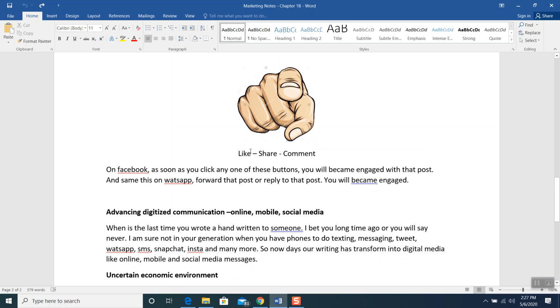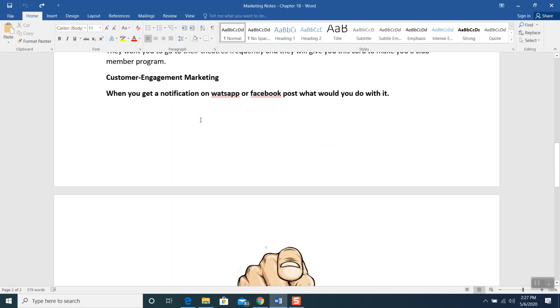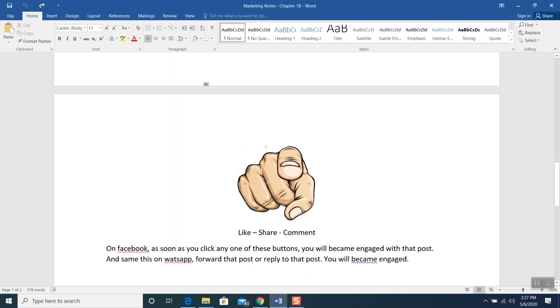As soon as you click one of these three buttons, on Facebook, you become engaged with that post, right? That is what is called customer engagement. Or on WhatsApp, you forward that post or reply to it, you become engaged. That is called customer engagement marketing.